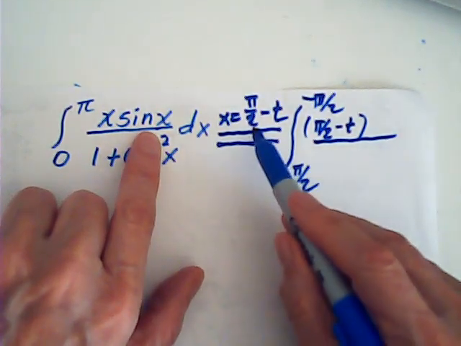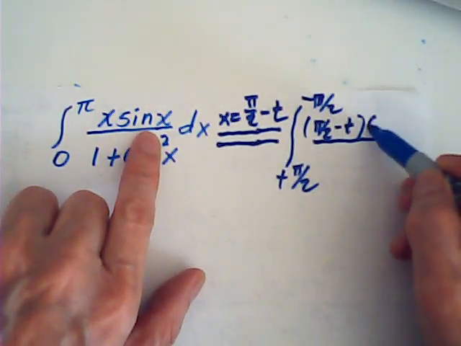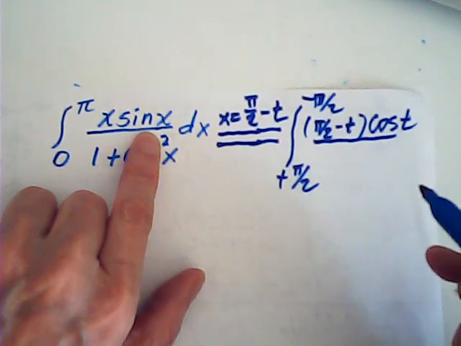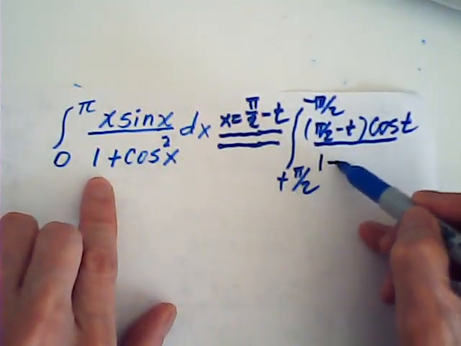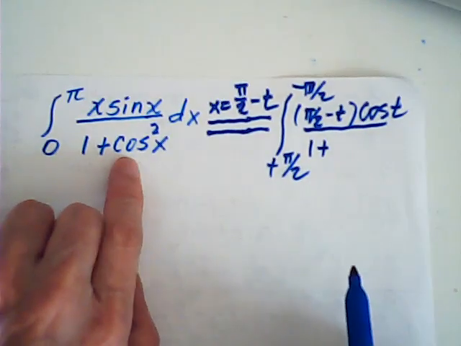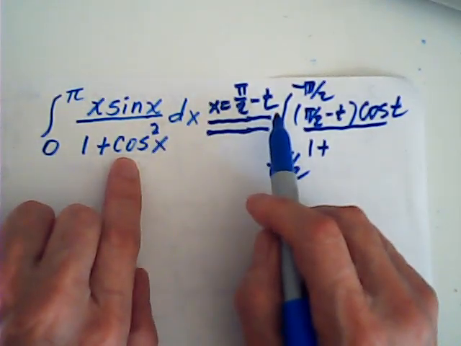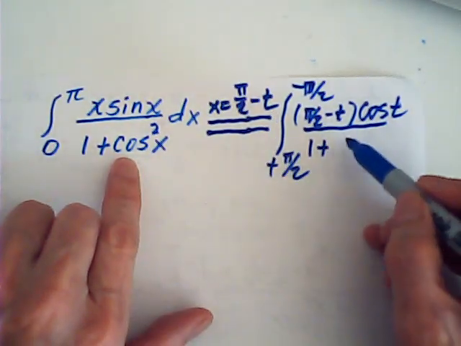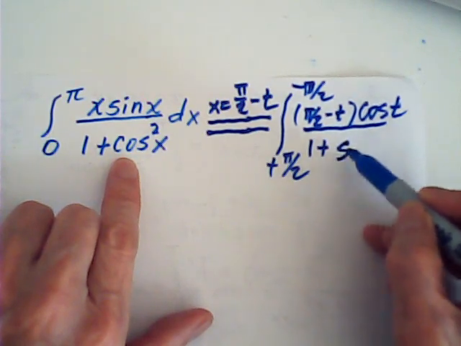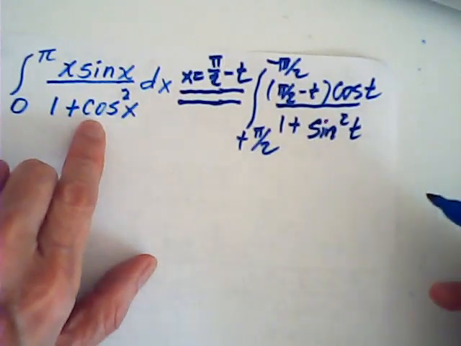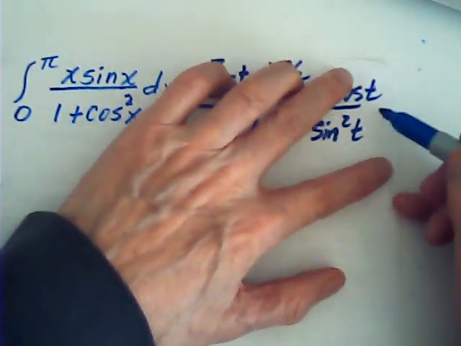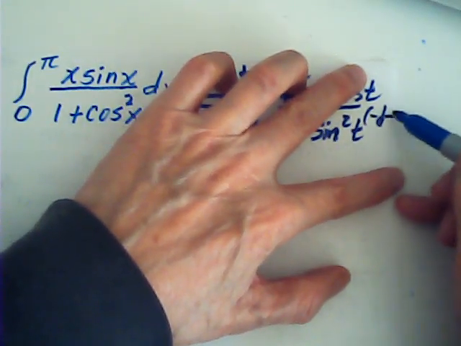Sine of half pi minus t is cosine t, right? And this is a 1. Cosine of half pi minus t is sine, so this becomes sine square t. And dx is negative dt.